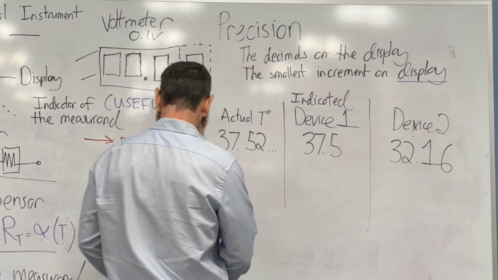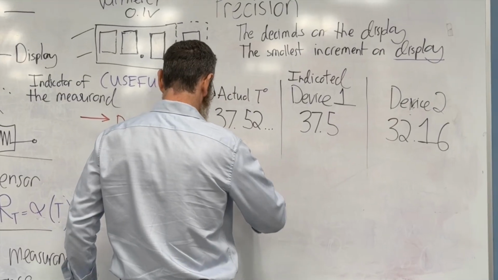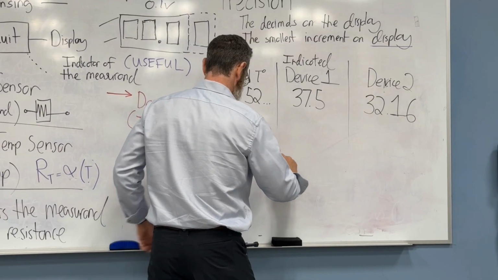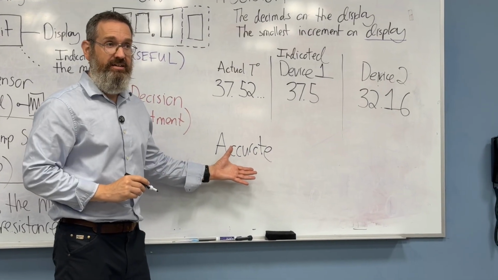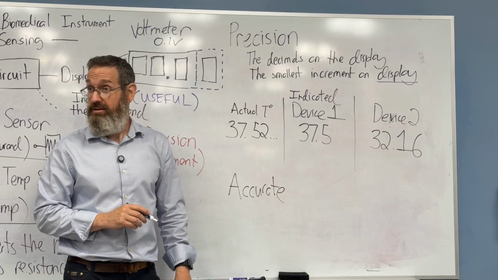So we need to define something else, which is accuracy. How accurate a device is. And this, once again, I'll define it based on what's on the display.